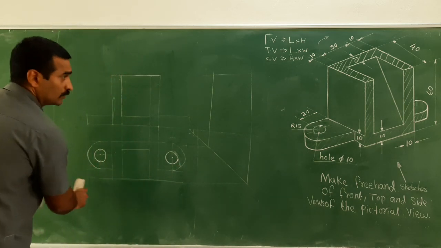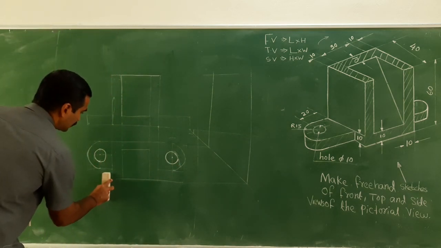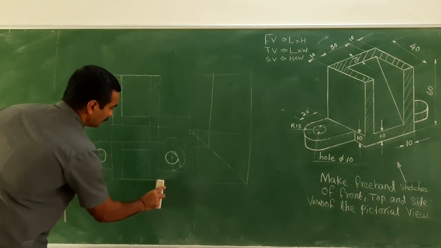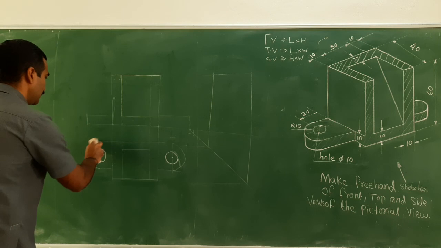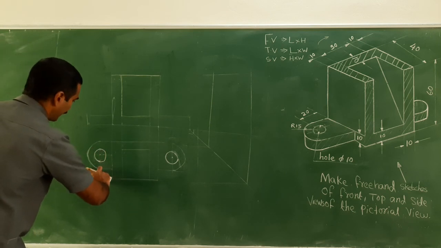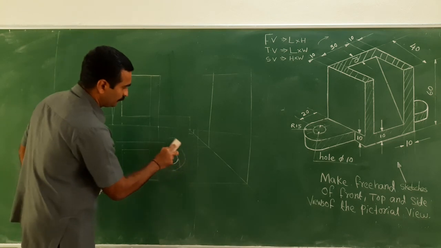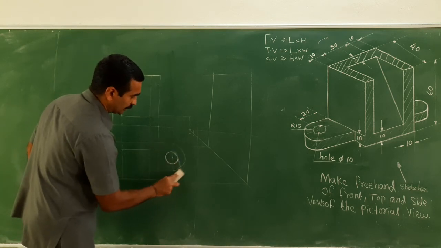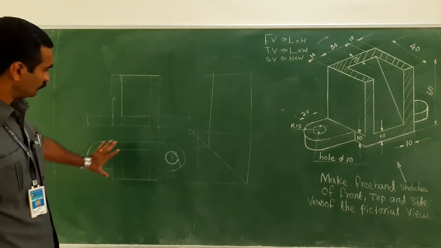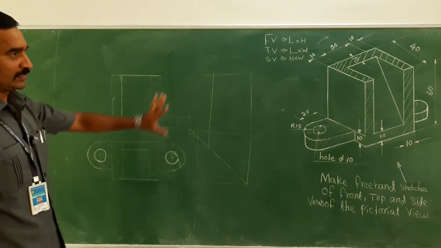Since there is no line here, let me just erase this off. Unnecessarily it will confuse you, so that's the reason I am erasing what is not required at all. Right? Fine. This is the top view done.